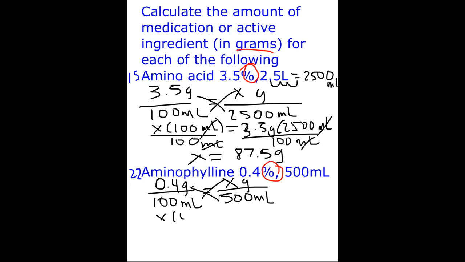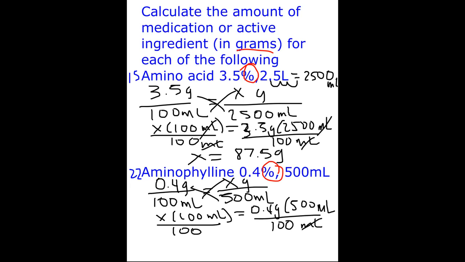X times 100 milliliters is equal to 0.4 grams times 500 milliliters. Divide by 100. Milliliters cancel. So X is equal to 2 grams.